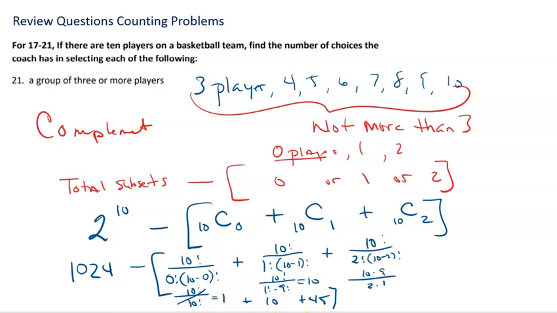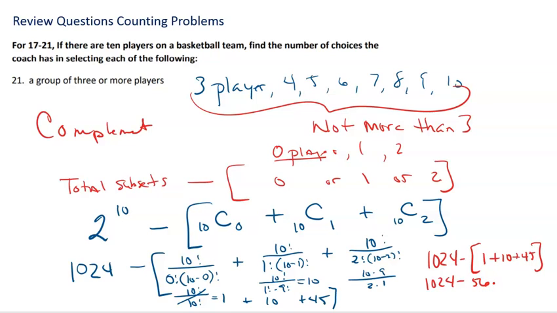I'm going to switch colors on you. So that's 1024 minus, sum this up again, 1 plus 10 plus 45. That's 1024 minus, 1 plus 10 is 11, 11 plus 45. There we go. 1 plus 10 plus 45 is 11 plus 45 is going to be 56.